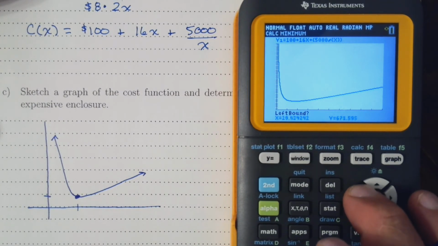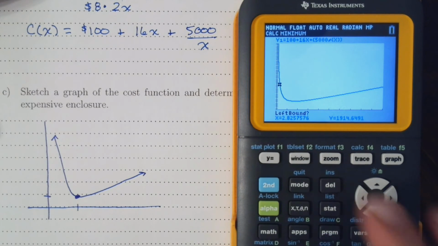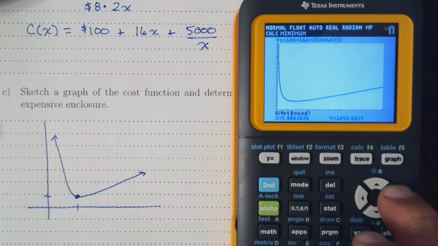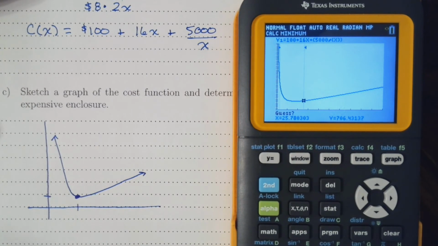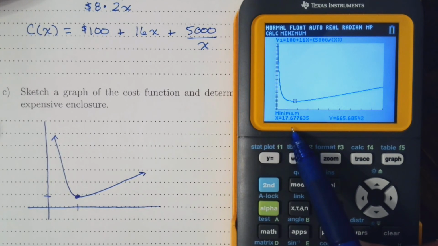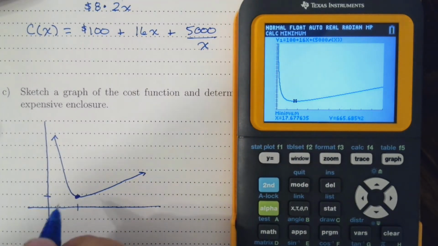So come over, arrow over, there I am to the left. I can arrow over, there I am to the right. Press enter, and guess.